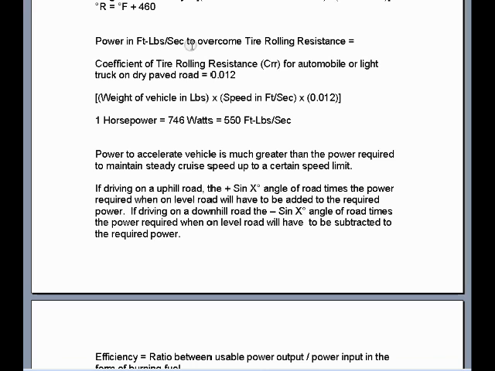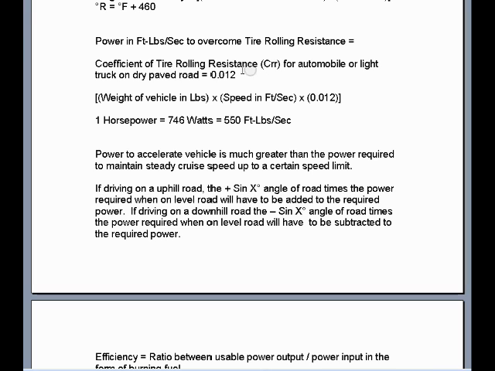The power in foot-pounds per second to overcome tire rolling resistance is equal to the weight of the vehicle times the speed in feet per second times the coefficient of tire rolling resistance, the CRR.